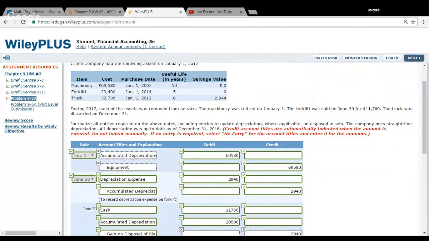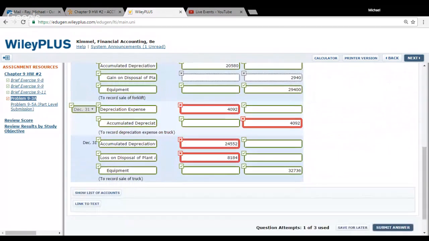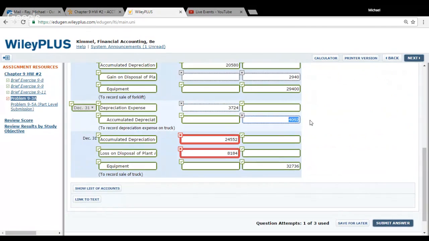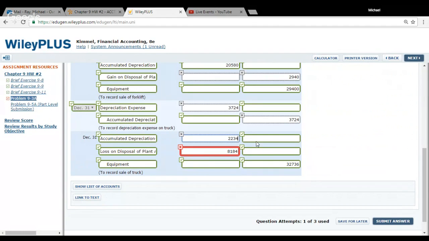We divide that by our useful life, which is 8 years, which gives us a lower amount of 3,724. So that's going to change. So our accumulated depreciation, I said we had it for 6 years, so we'll multiply this amount by 6. That'll give us 22,344.